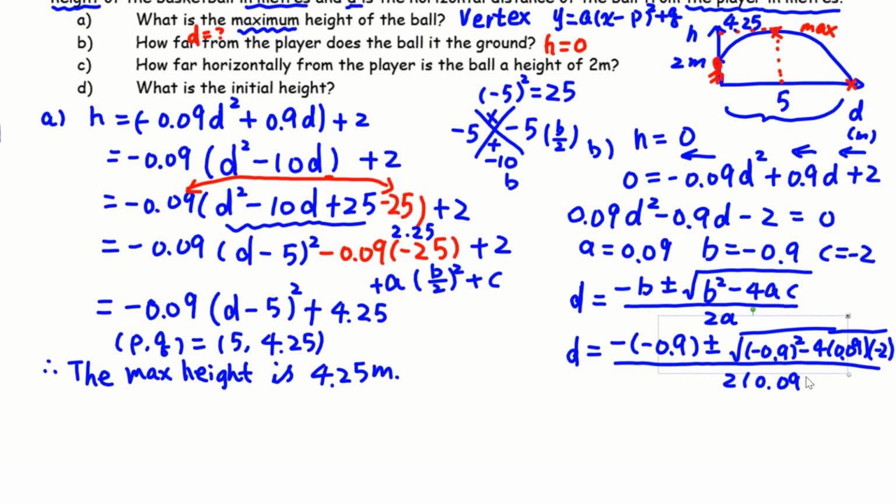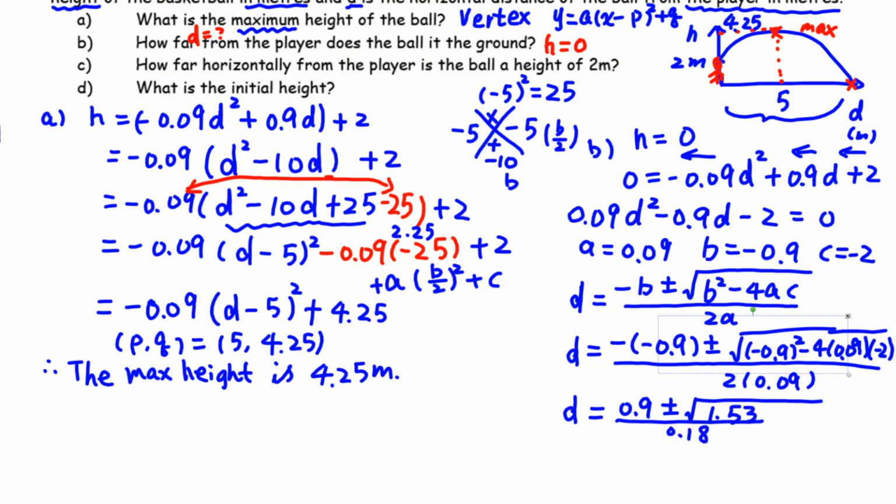Then get your calculator, you will have d equals positive 0.9 plus minus square root 1.53. And remember 4ac, times it first. This is multiplication. Then after that subtract, all over 0.18.